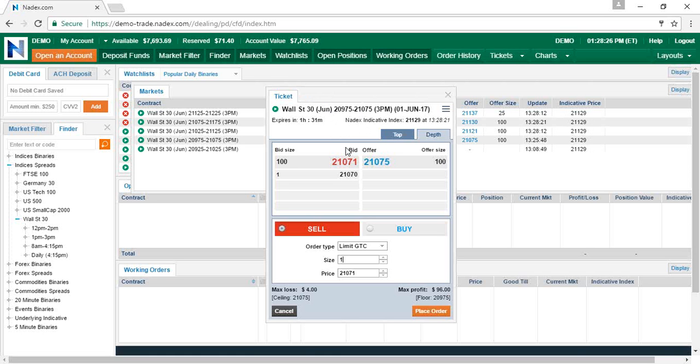Where can I sell it for right now? 21,071. So what's the difference of 1075 compared to 1071? It's 4, right? And that's exactly what the ticket tells me. My max loss is $4. Does everybody understand why now?